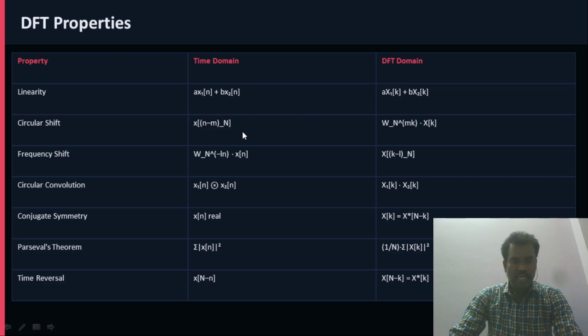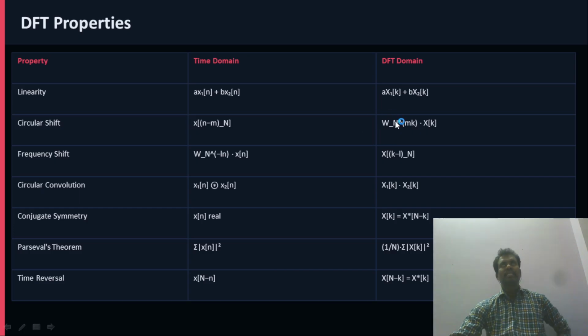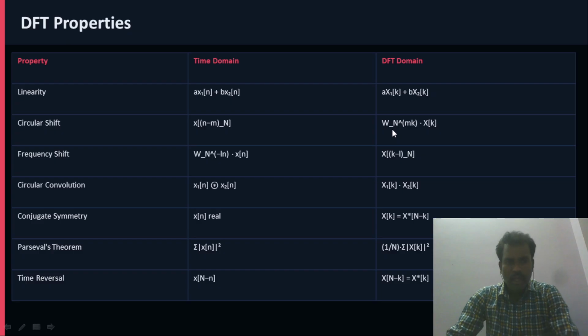So we know the shifting operation in any transform. If you shift the signal in one domain, then in the other domain the spectrum will be multiplied by the kernel. So what is the kernel here? E power minus j 2 pi by N into kn. Here it is represented with W_N power kn. This kernel is W_N power kn. W is e power minus j 2 pi by N, which is the twiddle factor. So here we are shifting x of n to m.